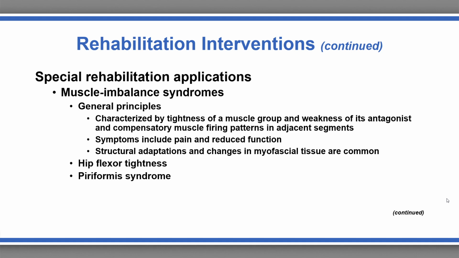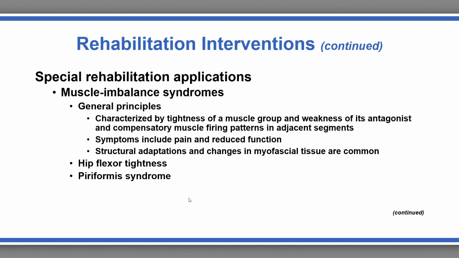Piriformis syndrome is a self-limiting condition such that pain associated with this muscle imbalance may actually dictate a patient's ability to perform exercise. So those are a couple of examples of muscle imbalance syndromes.